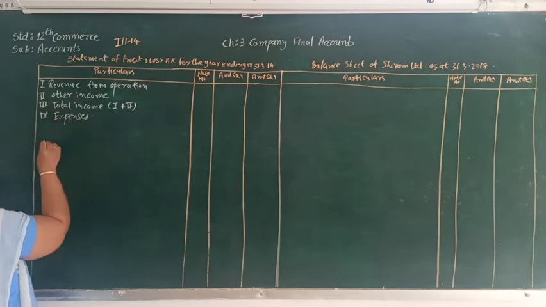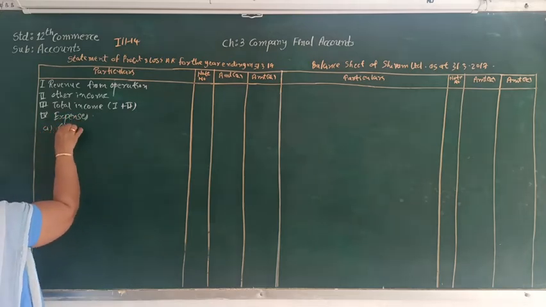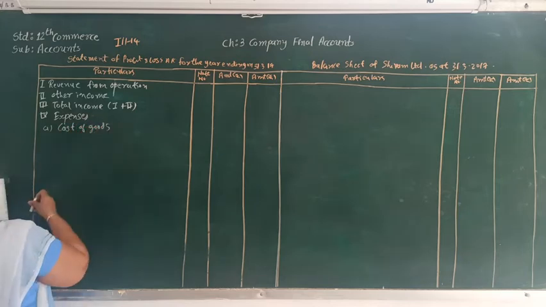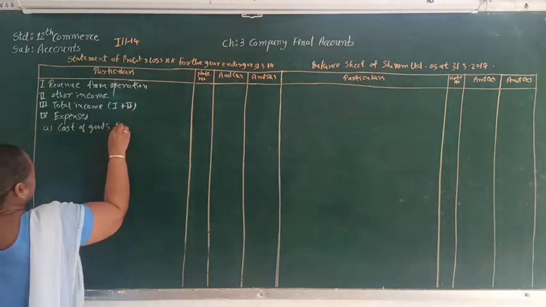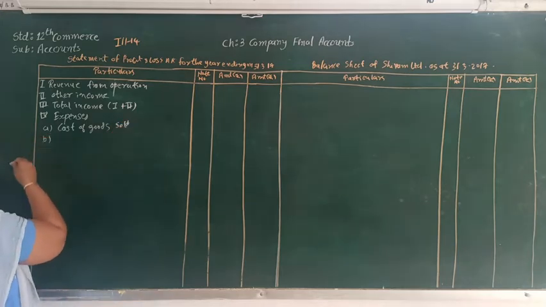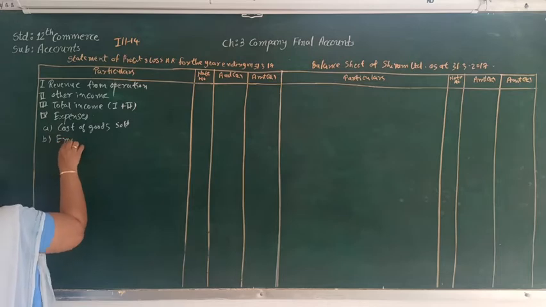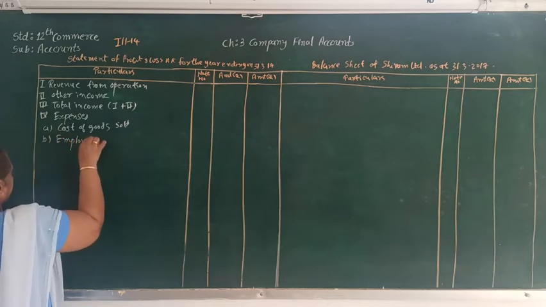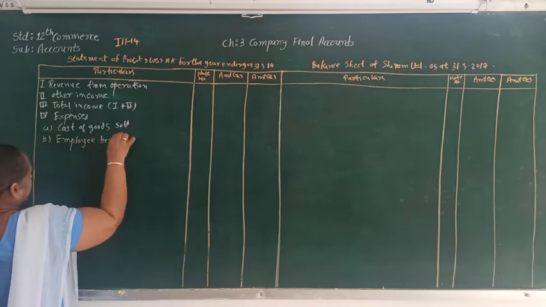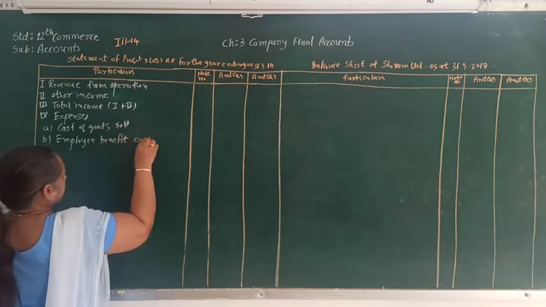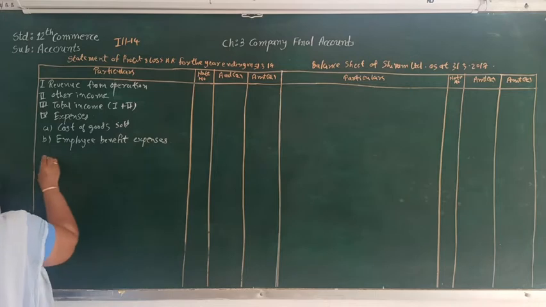In the expenses, the very first expense given to us is cost of goods sold. Then the second one is employee benefit expense. The third one is finance cost.